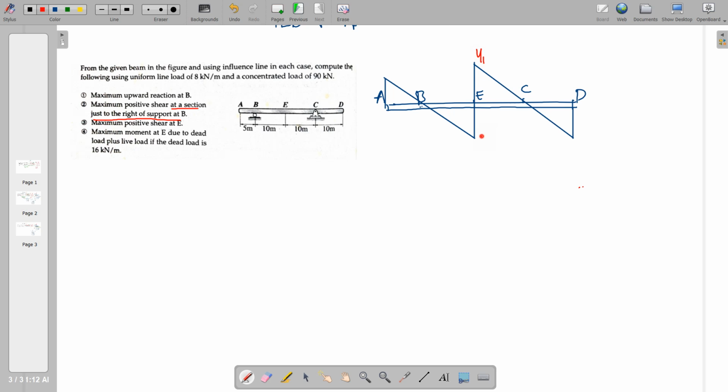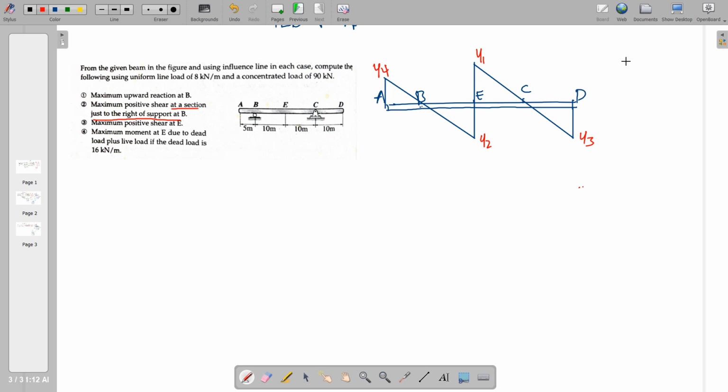Say Y1, Y2, Y3, and Y4. Obviously, Y1 and Y2 will be equal, and that is half of 1, because Y1 plus Y2 will always yield 1 in terms of the shear, considering the Mahler-Breslau principle.